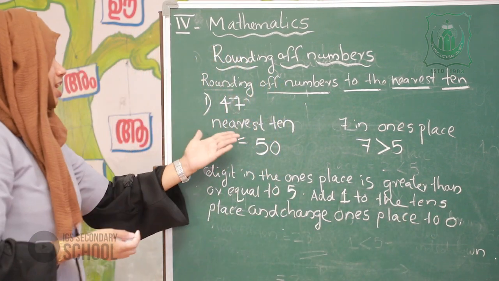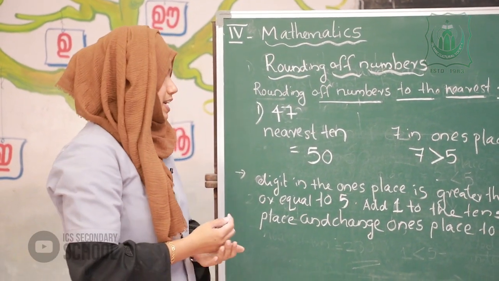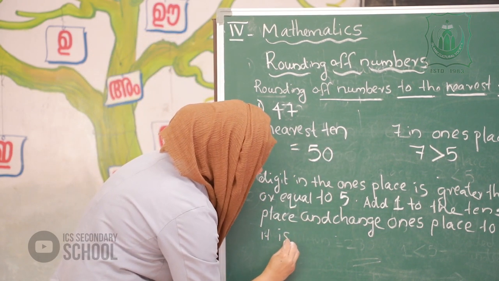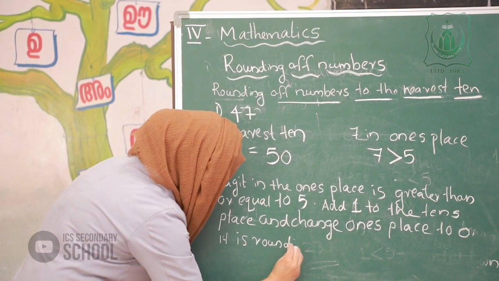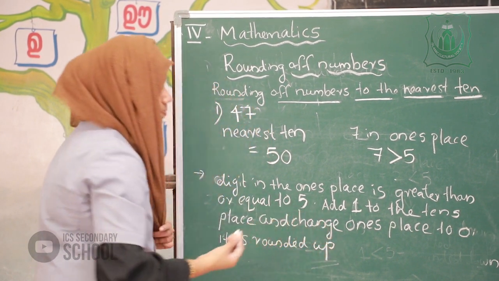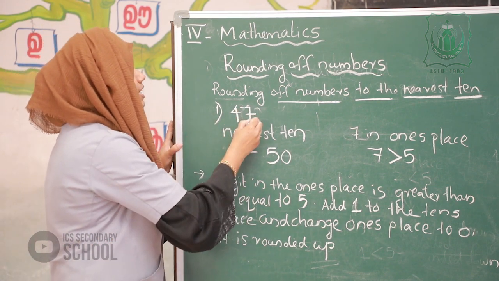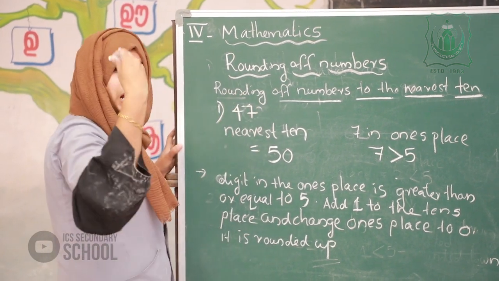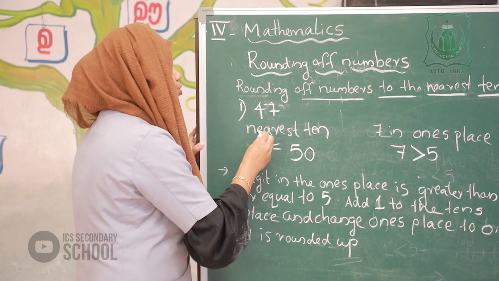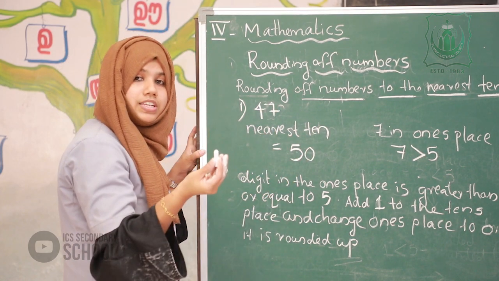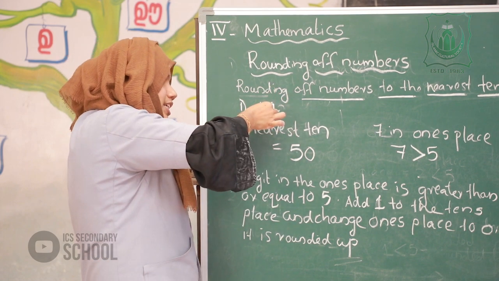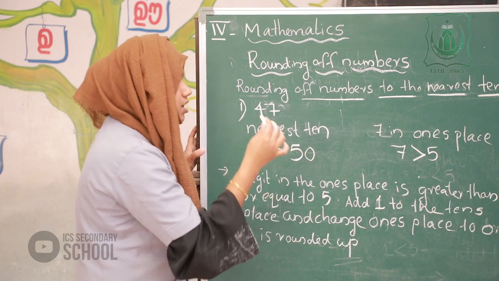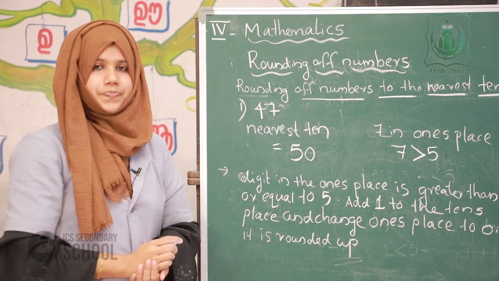Is it rounded down or rounded up? It is rounded up. If the number in the ones place is 5 or above, it is rounded up. And how to find the nearest 10? Add 1 to the tens place. That means if we add 1 to the 4, we get 5. Then change the ones place to 0.